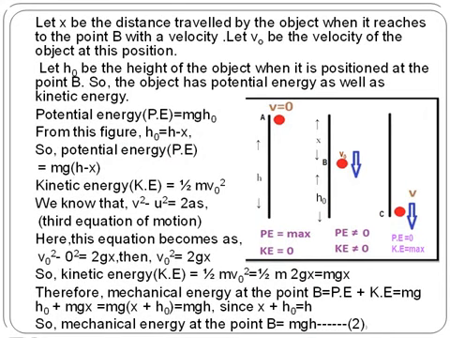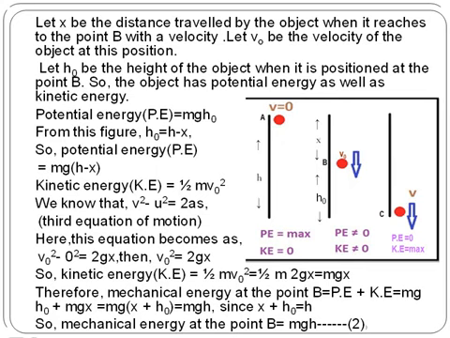Let x be the distance travelled by the body when it reaches the point B with a velocity v0. Let h0 be the height of the body when it is positioned at this point. So, it has potential energy as well as kinetic energy.